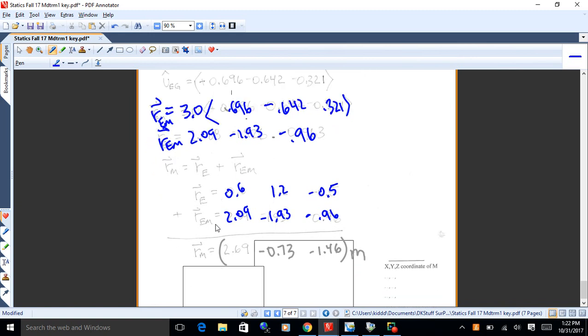Just add everything together, and you'll get the position of M. 2.69, negative 0.73, and negative 1.46. Okay. So that's the last one there. All right.